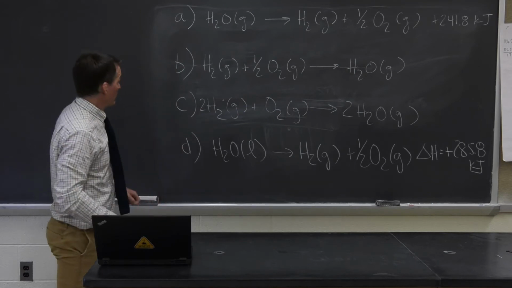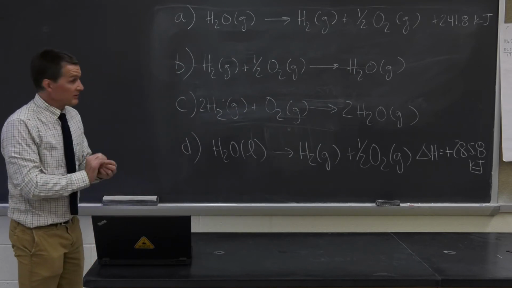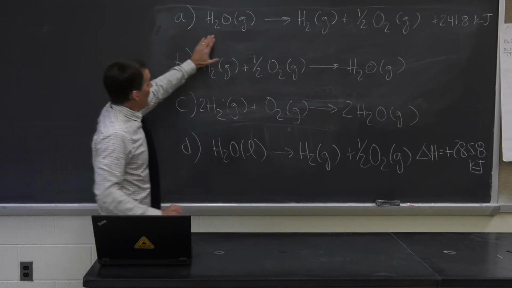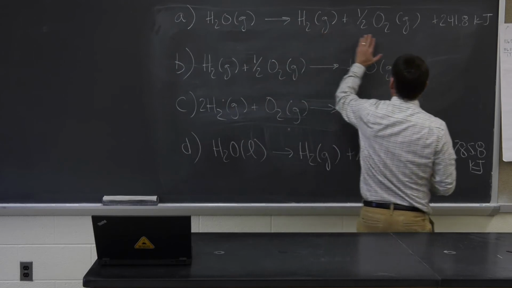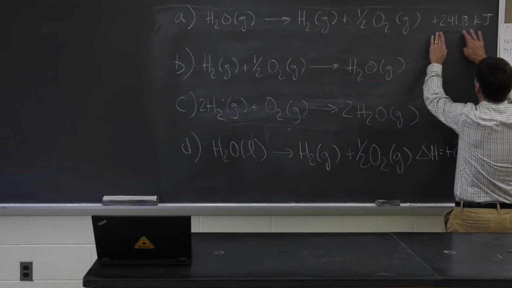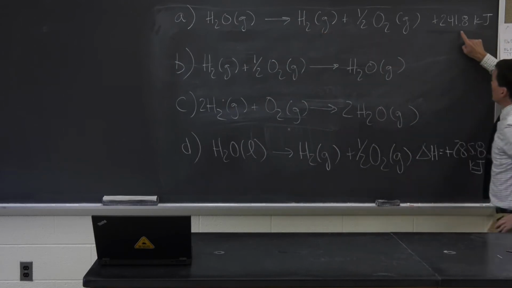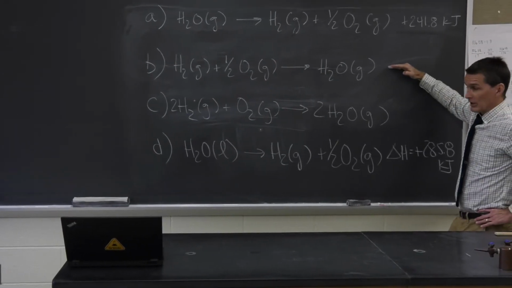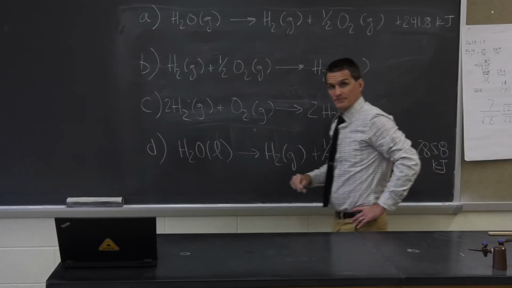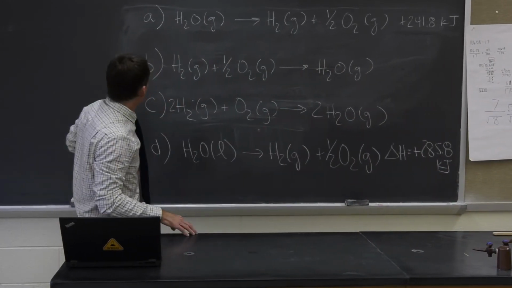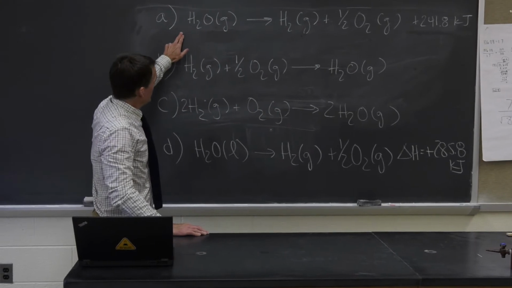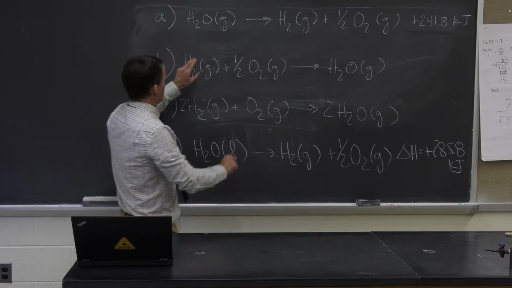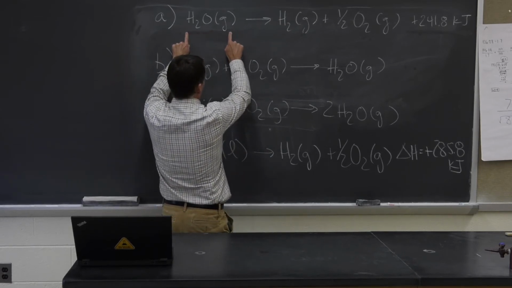I do. Okay. The first question is, if we are given this reaction, H2O gas goes to H2 gas plus oxygen gas, and we know that that enthalpy change is going to be a positive 241.8 kilojoules, what's the enthalpy change for reaction B? Well, let's look at this. This reaction is exactly the opposite of this one. Notice, in this one, H2O gas is my reactant.